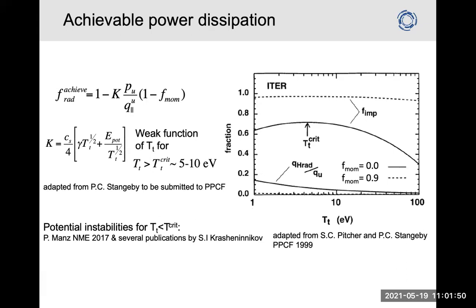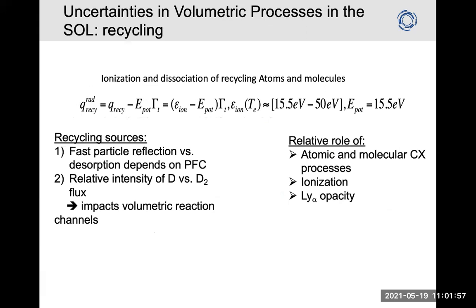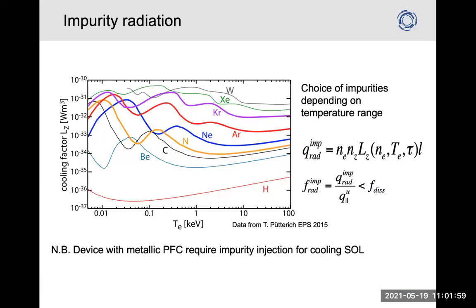Because there is density in there. The more density you have, the more you radiate. Yeah, this is essentially written here. So radiation is some product of the square of density, more or less. So the product of electron density and impurity density. So the more density there is at the target or in the divertor, the more you will be radiating. So higher upstream pressure helps you to dissipate power.